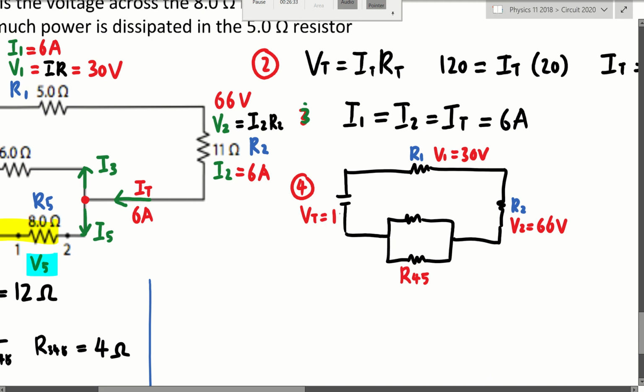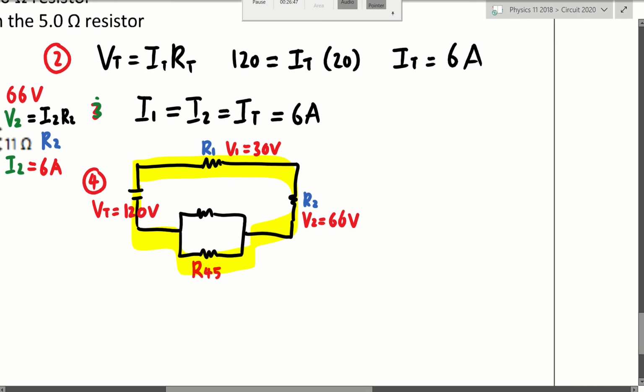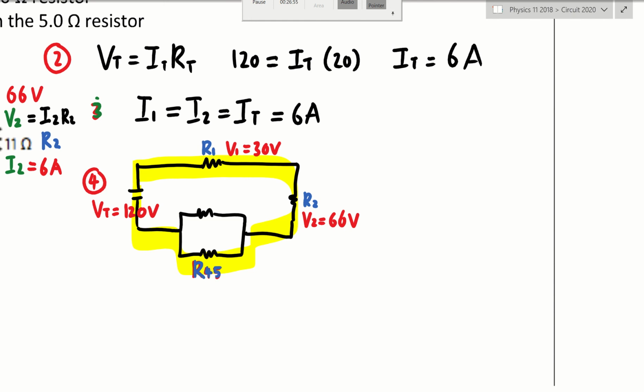Now I'm going to do the pizza delivery loop, this loop right here. In this loop, I have to deliver to 3 customers.